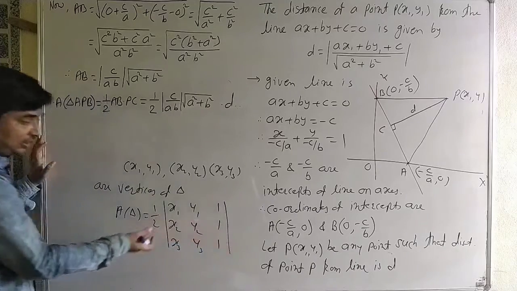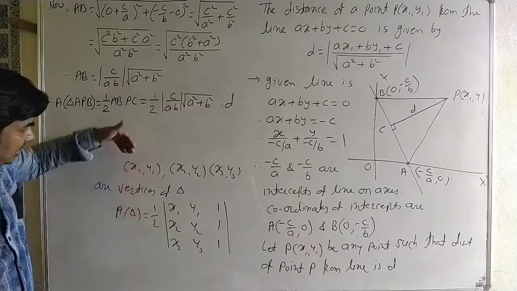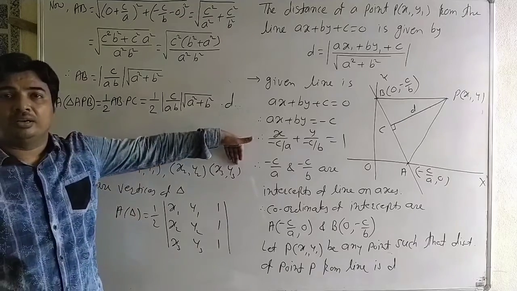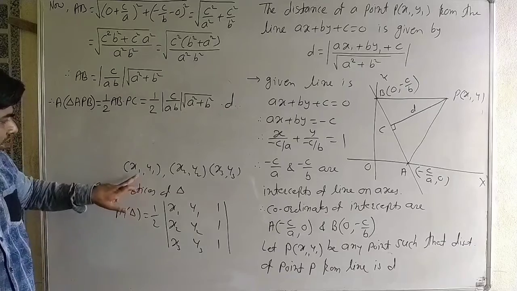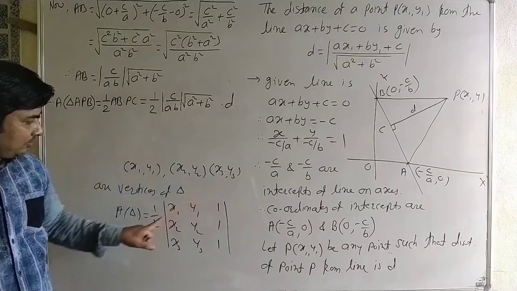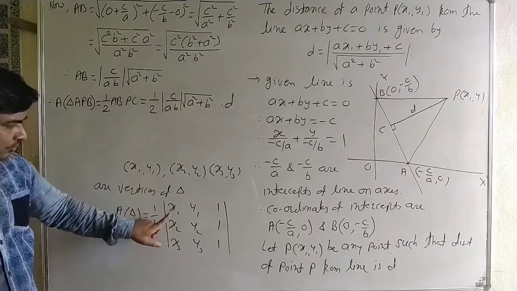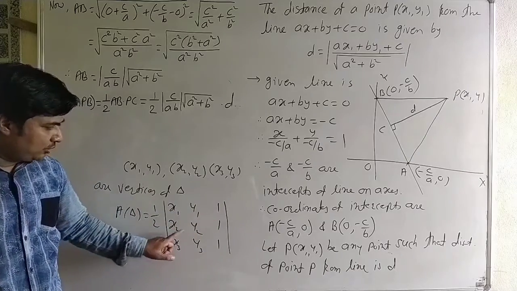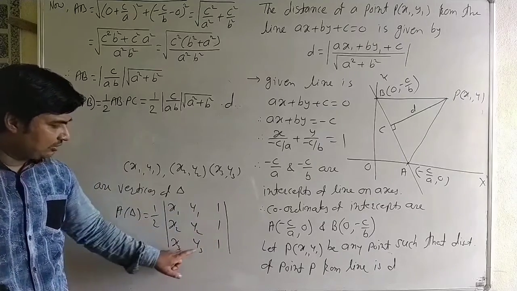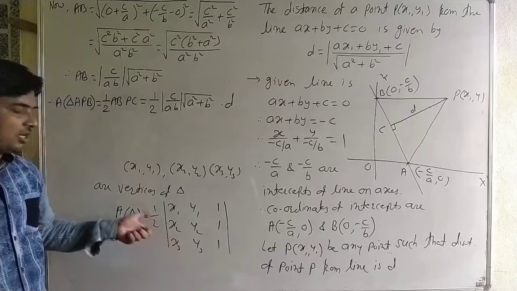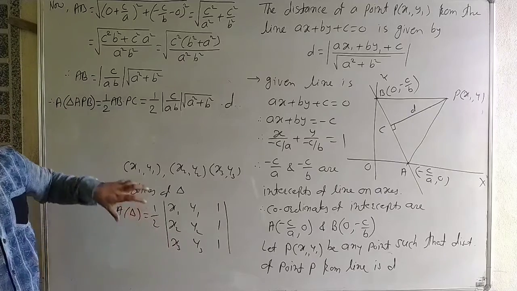It is the area of the triangle when the vertices of the triangle are given. We solve this determinant and multiply by 1/2. It is the area of the triangle.